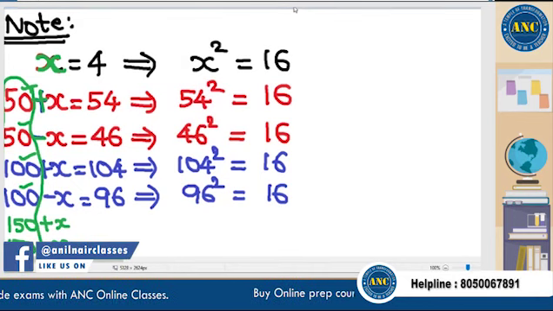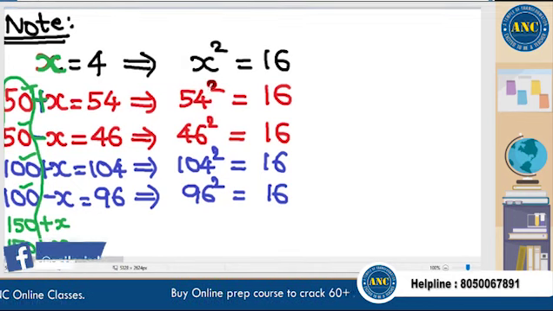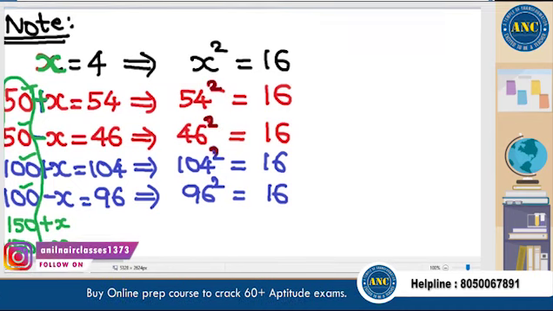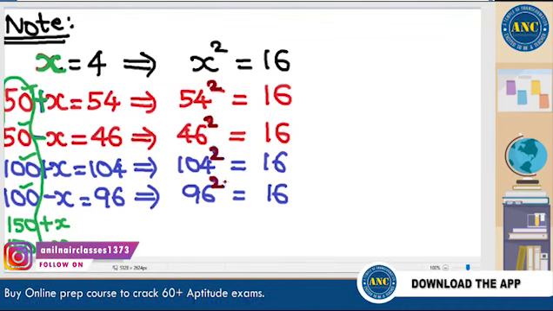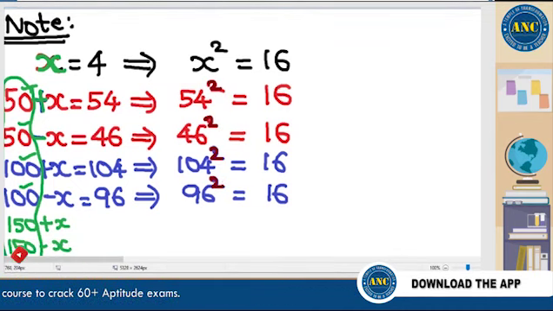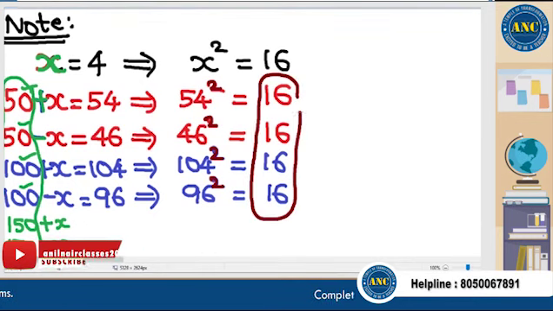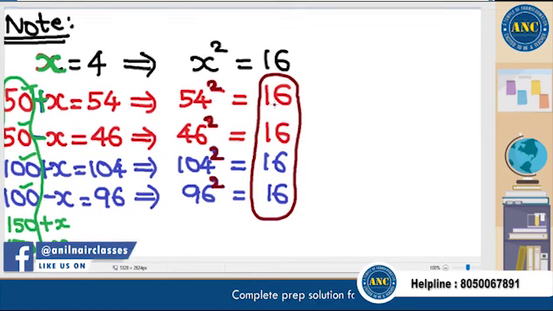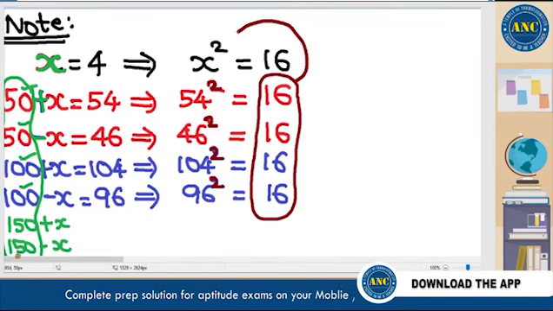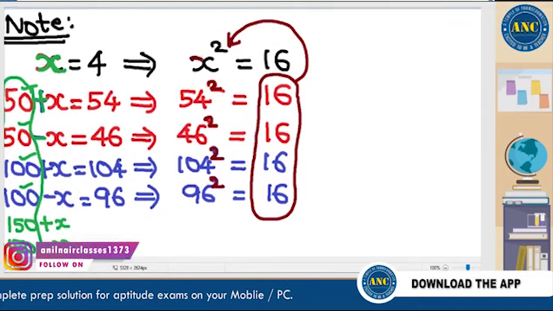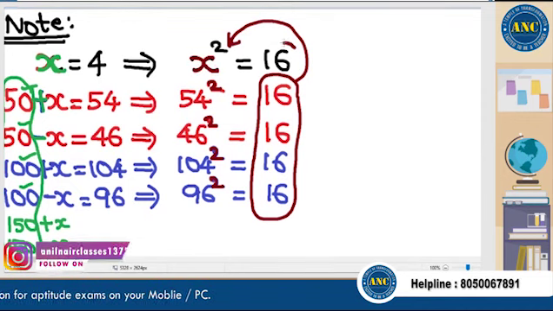After adding or subtracting multiples of 50, I am squaring all those values, right? When I square all those values, whatever last 2 digits I get is exactly the same as the last 2 digits of x square. These both are exactly the same.